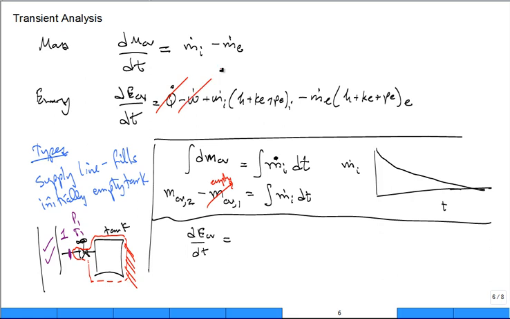Is there any shaft work or anything like that? No. It flows in with negligible kinetic and potential energy, and there's no out at all. So what we're left with is m dot in h in. That's it? Yeah, that's it.